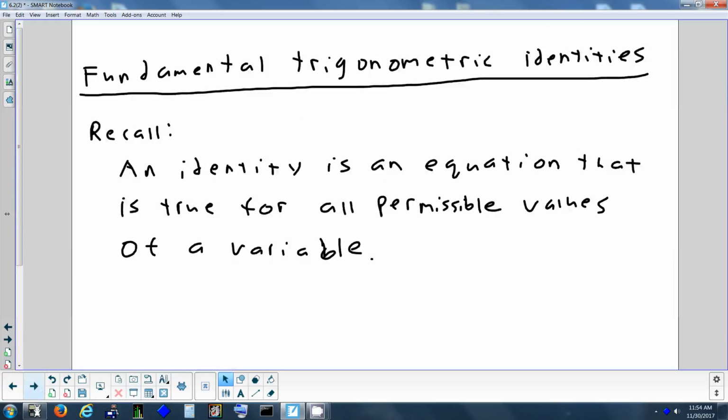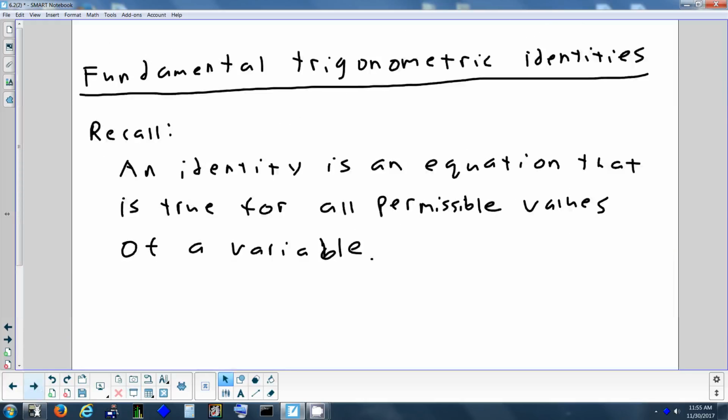Okay, so I didn't really define what the word identity means, but an identity is just an equation that's true for every value you can think of. So when I say you can flip the sine to get the cosecant, that doesn't just work some of the time. You can do that for any single number you could possibly think of.